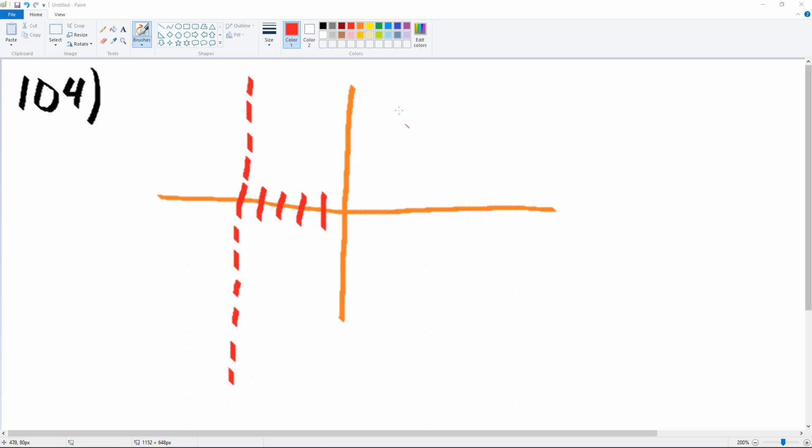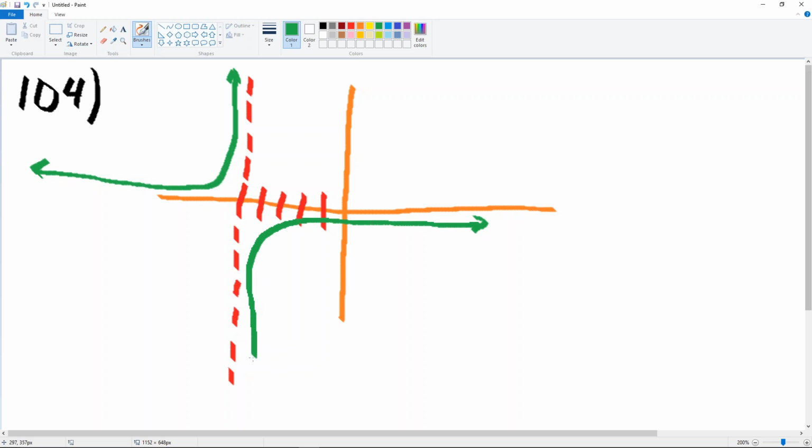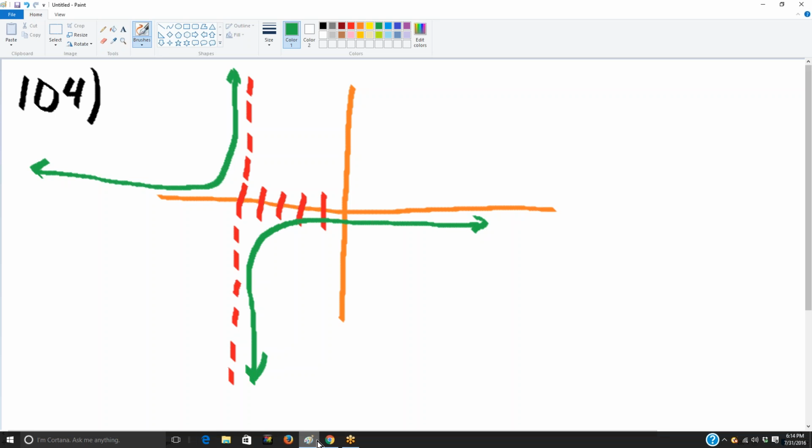There's a negative in front, so instead of the regular way, your branches will be in this direction. And we can always check in a minute on Desmos or your graphing calculator to see if it matches with mine. So let's do that.